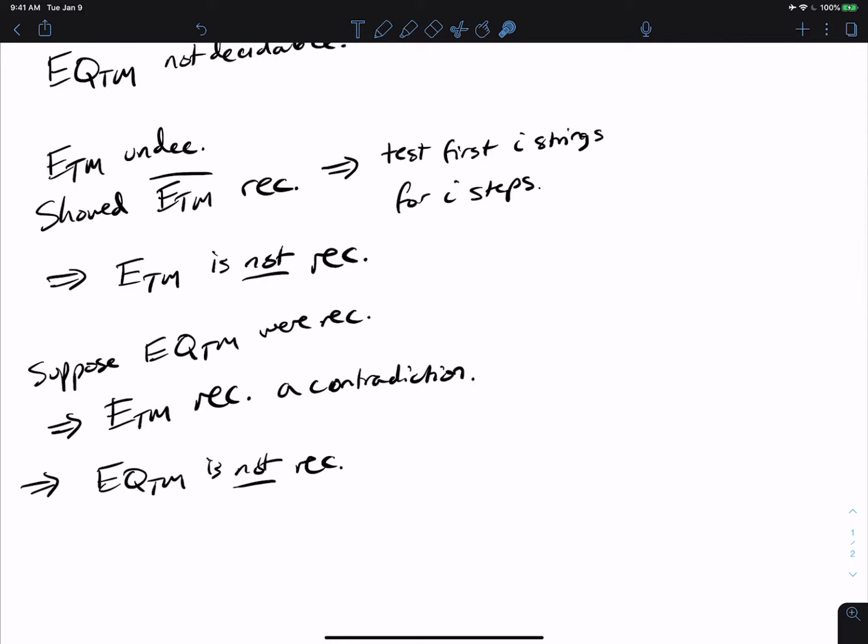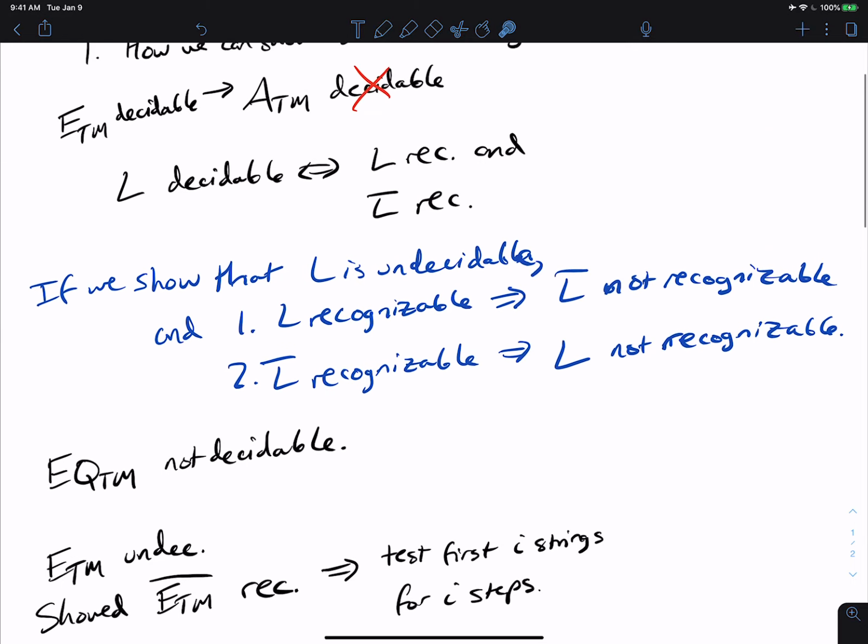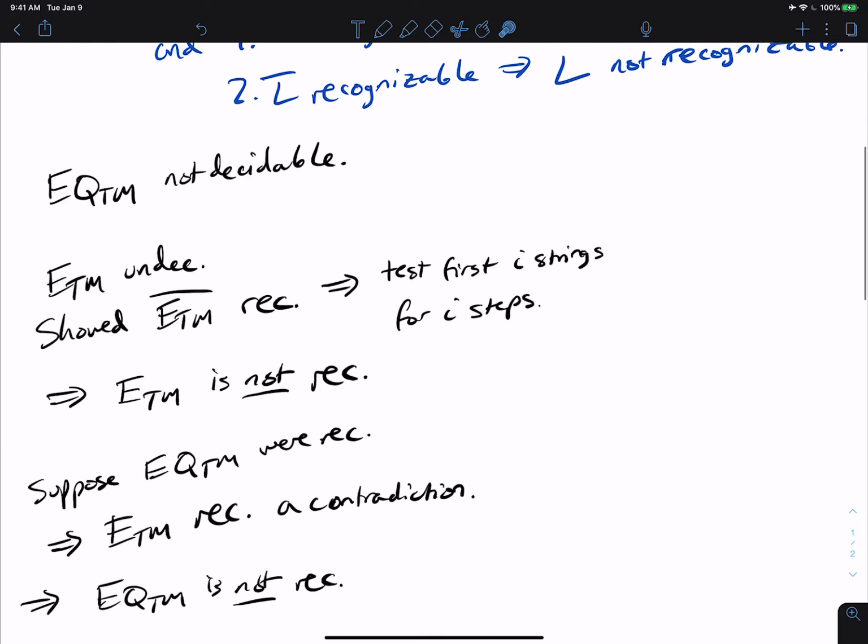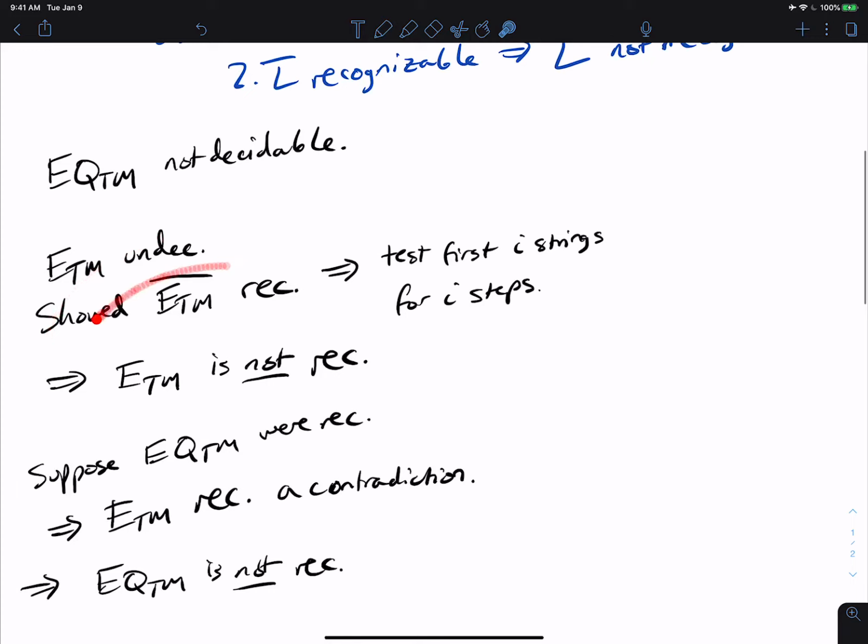There are some languages that are not recognizable and whose complement is not recognizable either. I'll let you think about how we would actually show that. But the main technique, based on the question, is to use something like this.